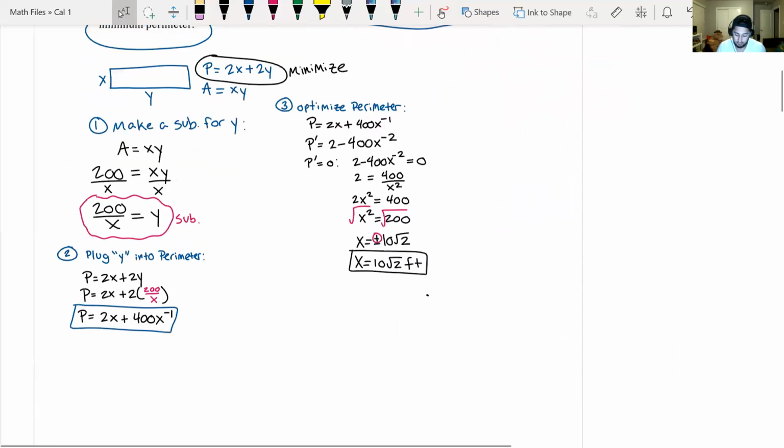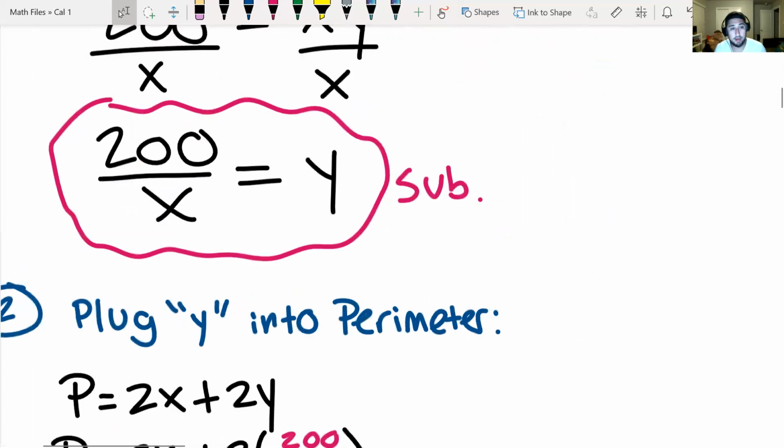Okay. The last thing to solve for is y. So if we found x, this means we can find y. Well, what's beautiful about that is that we already made an equation for y. That equation is right there. y equals 200 over x.